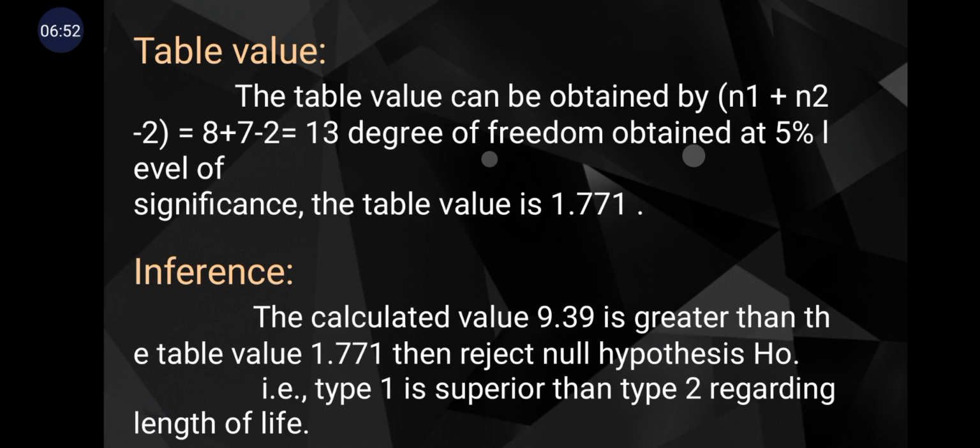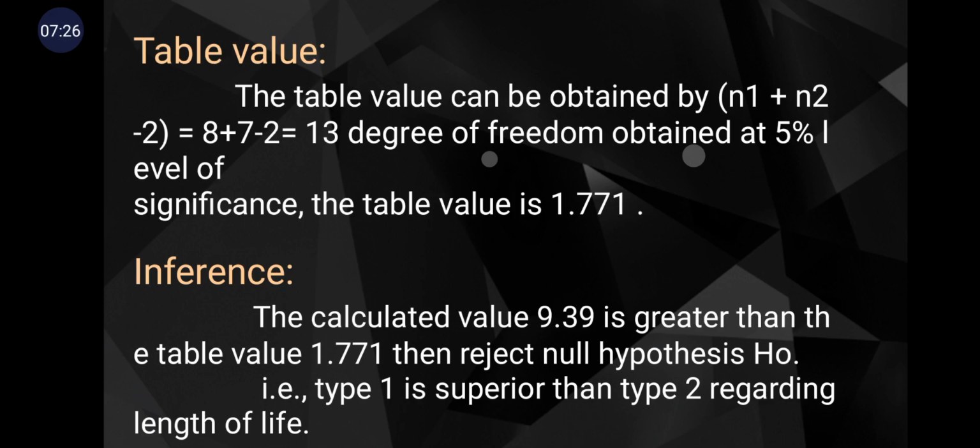Here n1 is 8 plus n2 is 7 minus 2, which gives 13 degrees of freedom at the 5% level of significance.